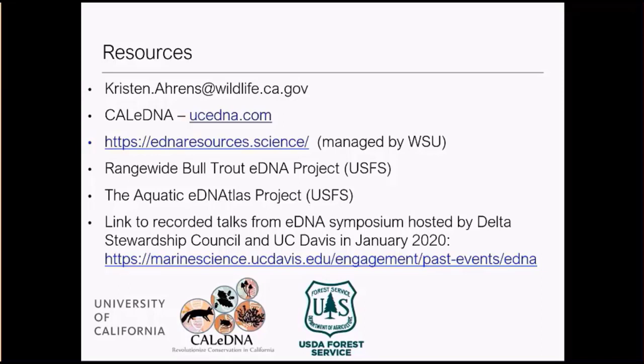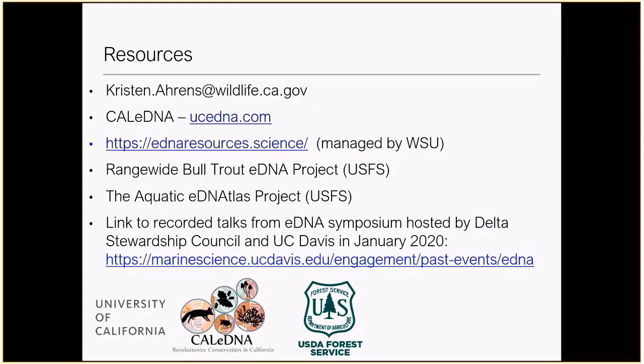And then that final bullet point, there's some really great talks available for free from leaders in the eDNA field, a conference that was held at UC Davis earlier this year that I think will be very valuable. And with that, we'll leave some time for question and answer.